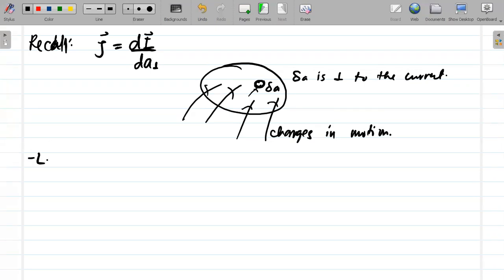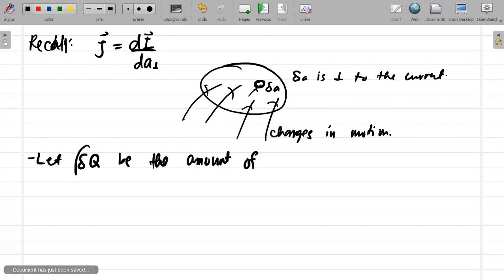Ganyan siya. Etong mga arrow na yan, these are charges in motion. Now, suppose we let delta Q be the amount of charge. Hindi ko na ginagawang differential kasi baka isipin nyo parang point particles. Kunwari may bulk tayo, bulk ng charges.